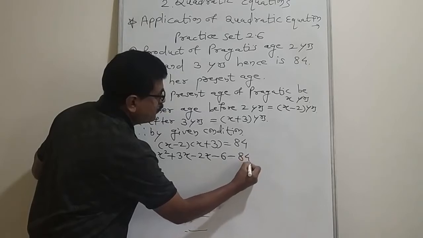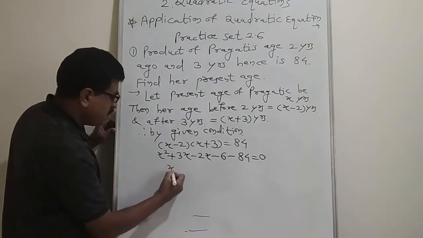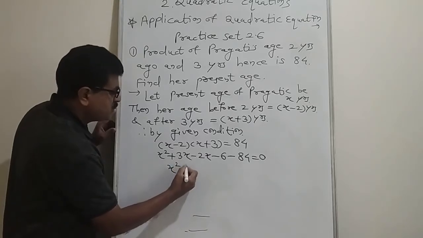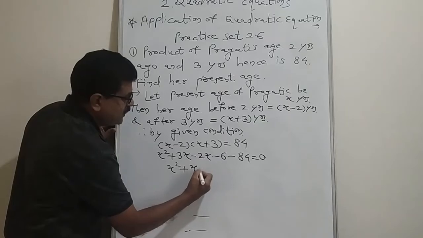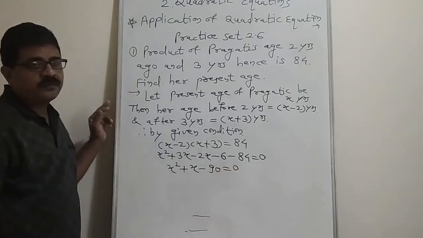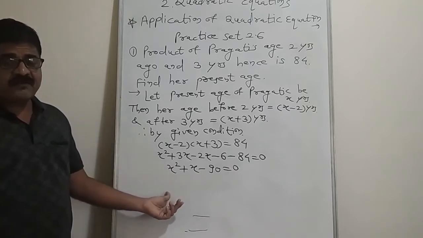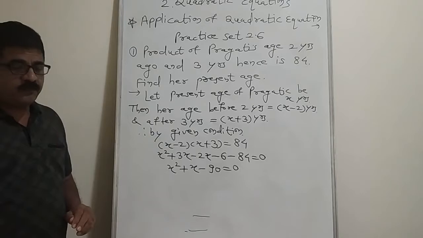Minus 84 is equal to 0. Therefore, x square plus 3x minus 2x is x, minus 6 minus 84 is minus 90 is equal to 0. This is a quadratic equation in general form or standard form.